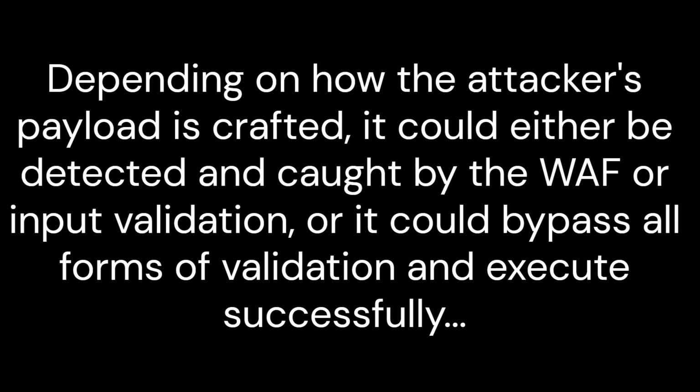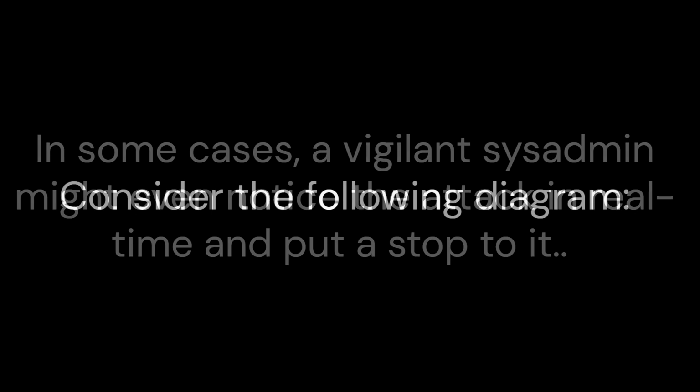Before getting into the specific technical details as to how this attack actually works, let's show an example of different outcomes that could potentially take place based upon whether or not the attacker's payload gets caught by the web application firewall or by other forms of input validation. Let's show another diagram. But this time we will show some different scenarios that could take place based on whether or not the payload is caught by any filters.